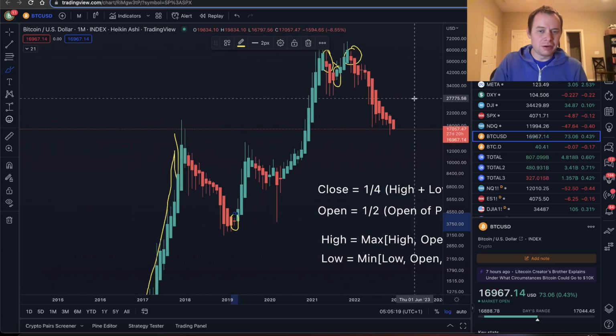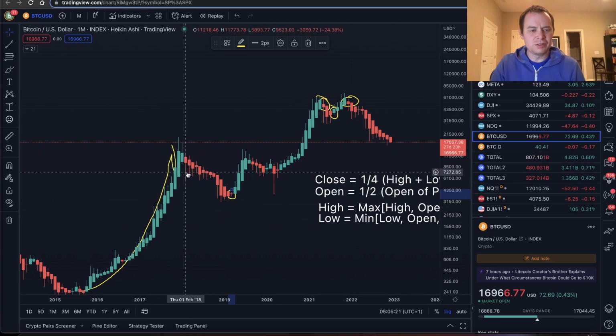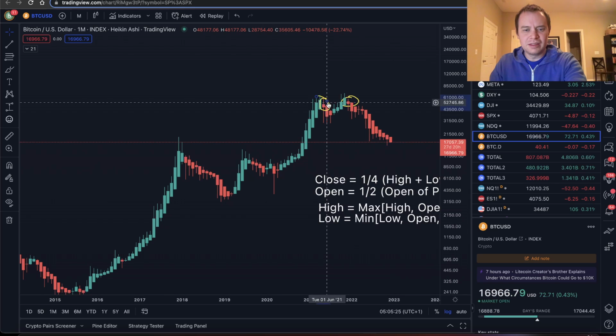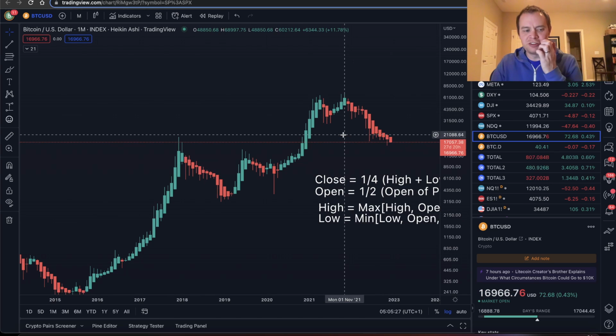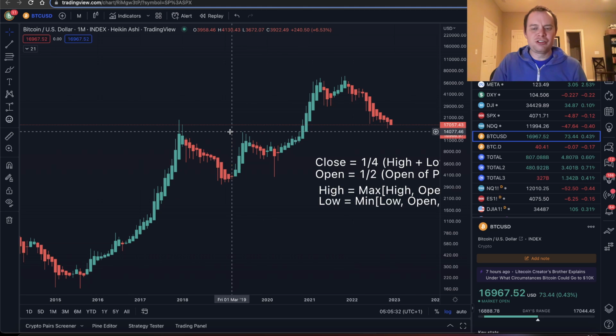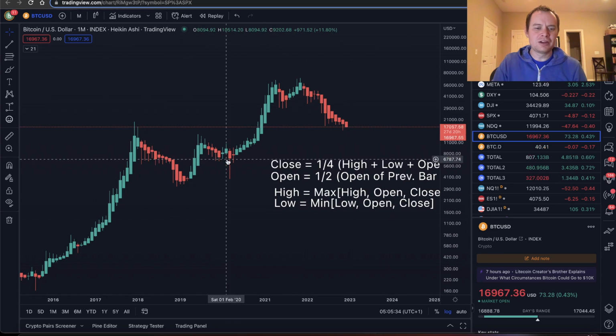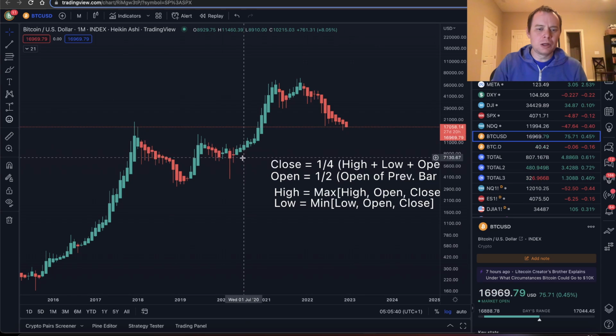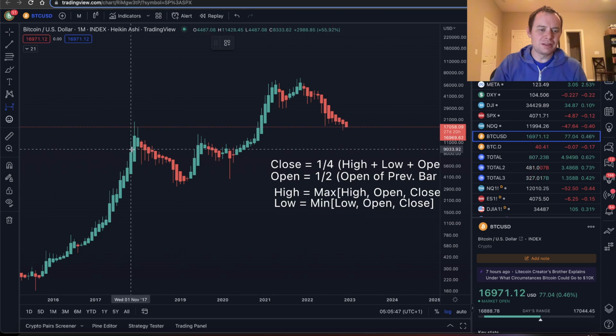What you'll also notice, and I think this is an interesting thing as well, is the length. Let's just count them up, okay? How many Heikin-Ashi monthly red candles did it take for Bitcoin to start the bull run to the new all-time high? What I mean by that is how long did it take to get to the green section that took us to new highs, and how many of those monthly candles were red?